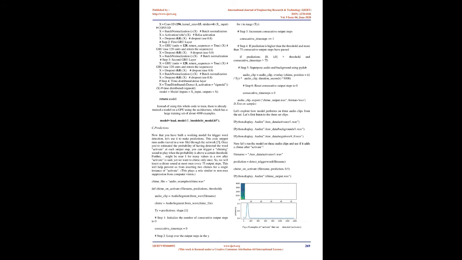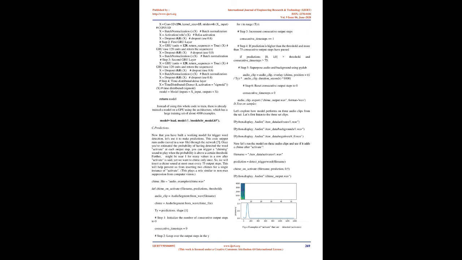X = Conv1D(196, kernel_size=15, strides=4)(X_input) # CONV1D. X = BatchNormalization()(X) # Batch normalization. X = Activation('relu')(X) # ReLU activation. X = Dropout(0.8)(X) # dropout (use 0.8).